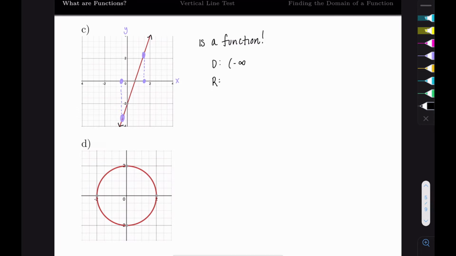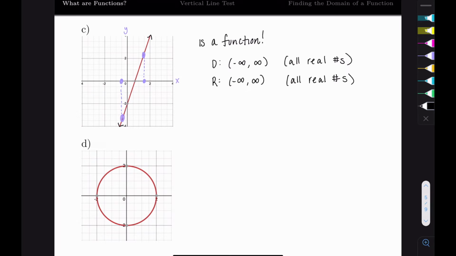So our domain is going to be all real numbers, which you can think of as the interval from -infinity to infinity. So it's the real number line. And our range is exactly the same thing. We're going to take on every single y value. So again, it's all real numbers.